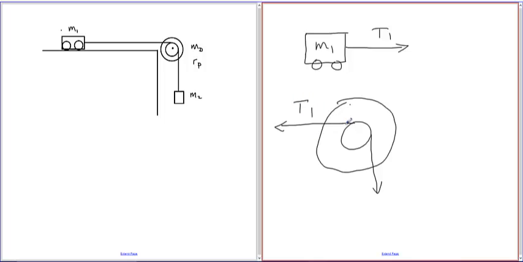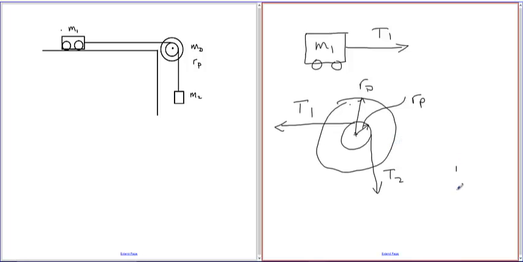There's T1, which goes horizontally between the pulley and the cart, and there's T2, which goes between the pulley and the hanging mass. So there's this radius of the pulley here. We also have the radius of the disc, which we will use to calculate the moment of inertia for the disc.